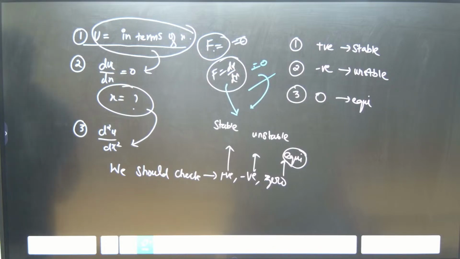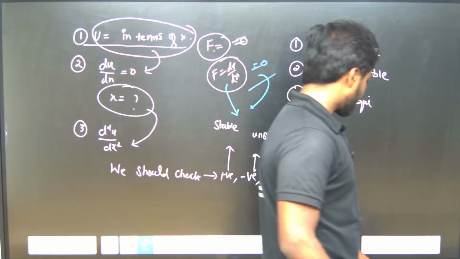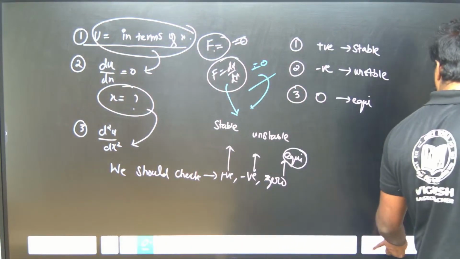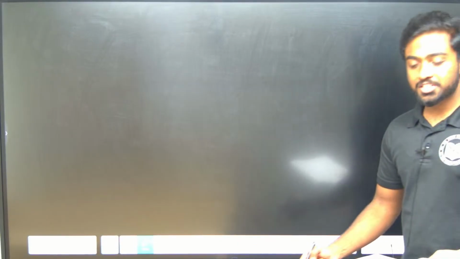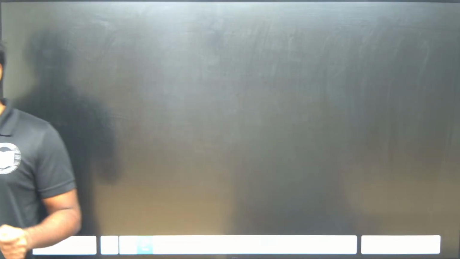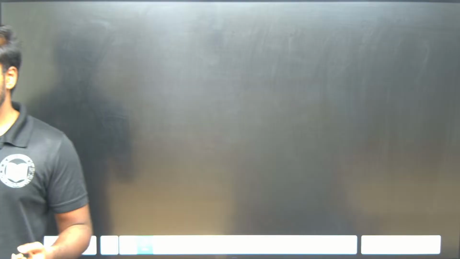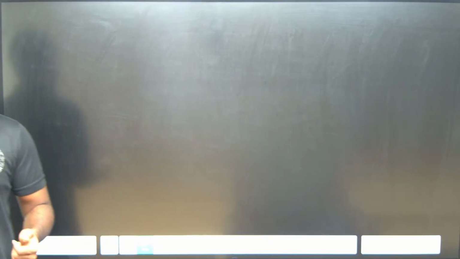So the first question: a long spring when stretched by a distance x has potential energy u. On increasing the stretching to nx, the new potential energy of the spring, in terms of u only, is what they are asking.